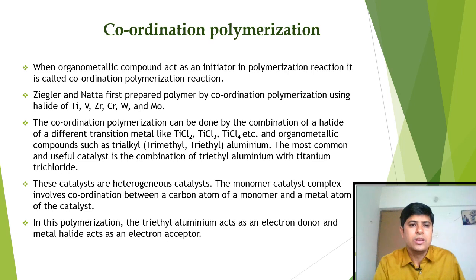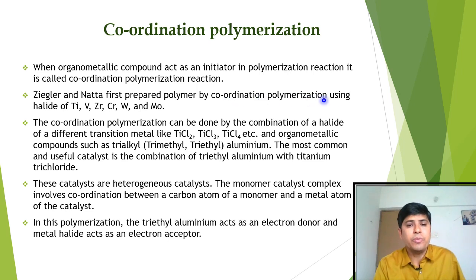When an organometallic compound acts as an initiator in a polymerization reaction, it is called coordination polymerization. For example, Ziegler and Natta first prepared polymer by coordination polymerization using a halide of titanium, vanadium, zirconium, chromium, tungsten and molybdenum.